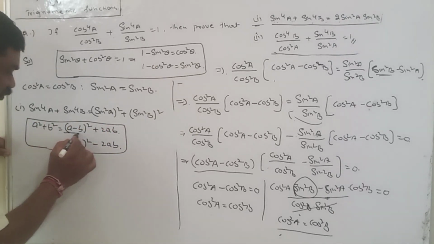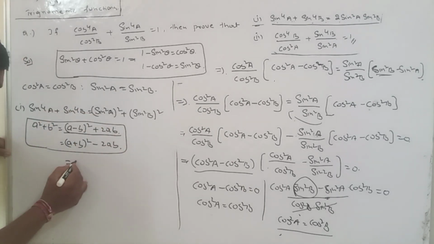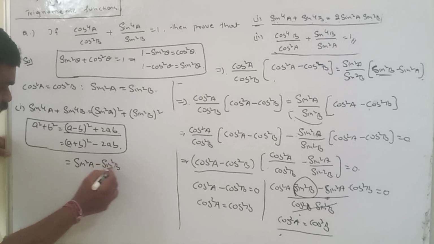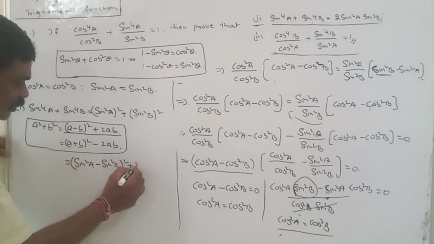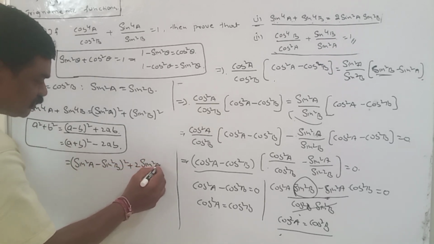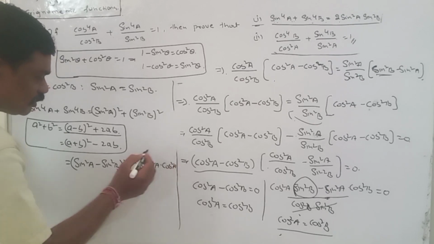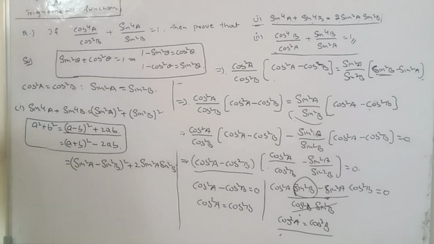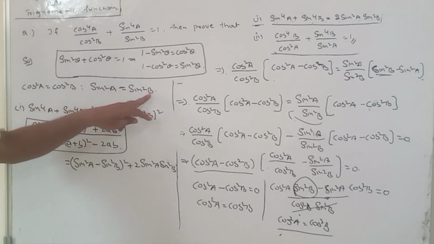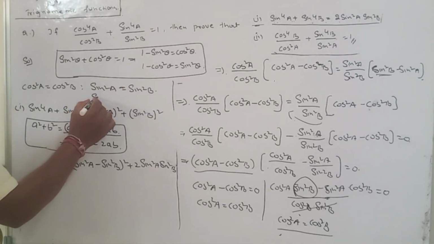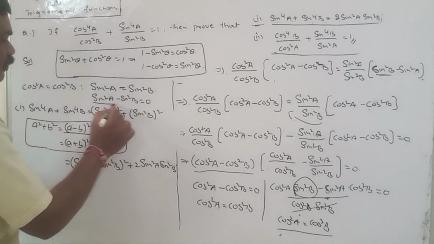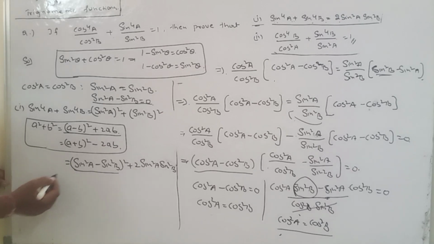You can use this formula here: (sin²A − sin²B)² + 2 sin²A sin²B. Here sin²A is equal to sin²B, so sin²A − sin²B is equal to 0.